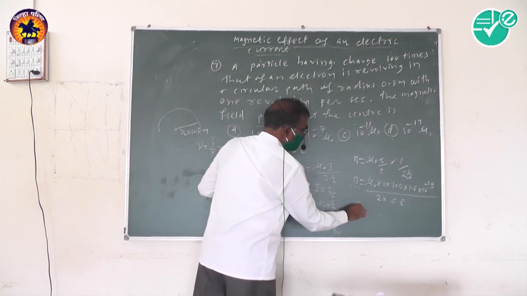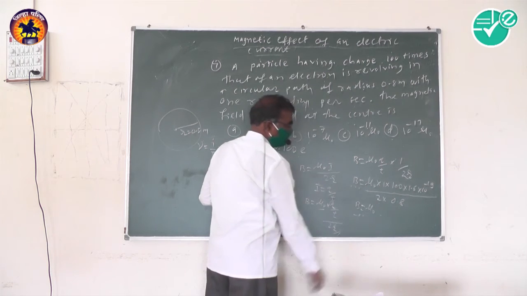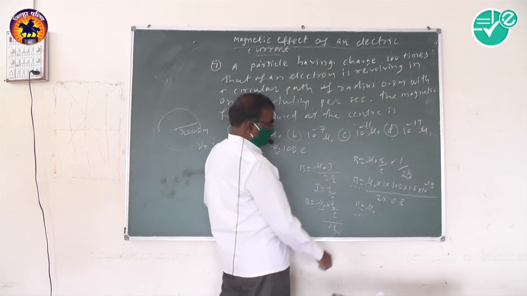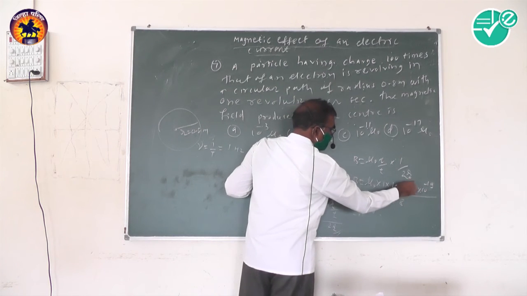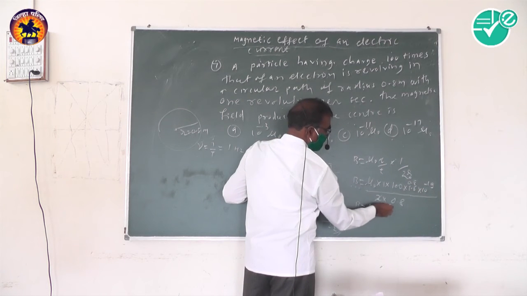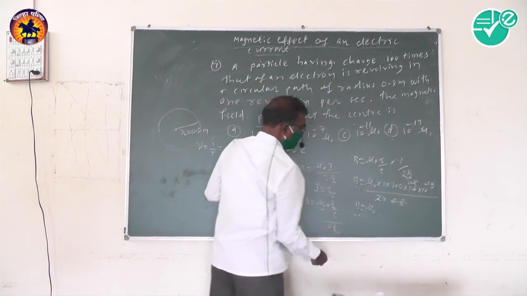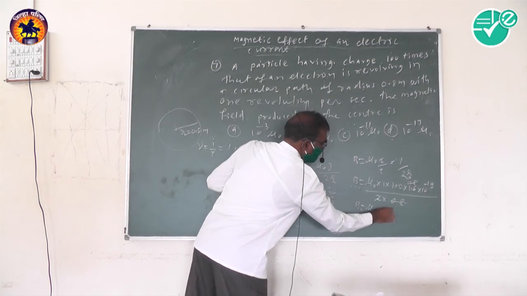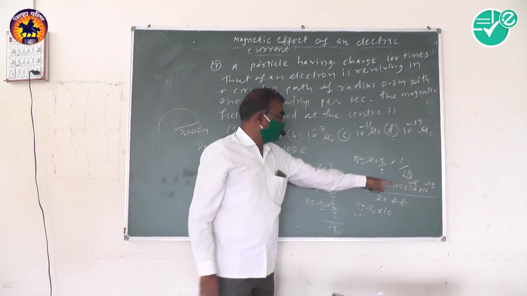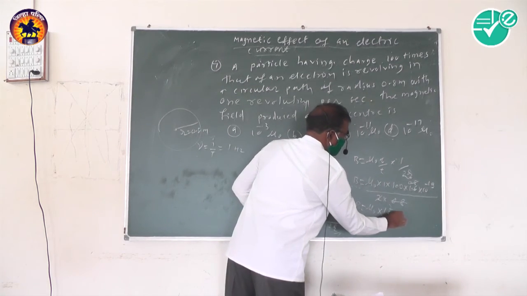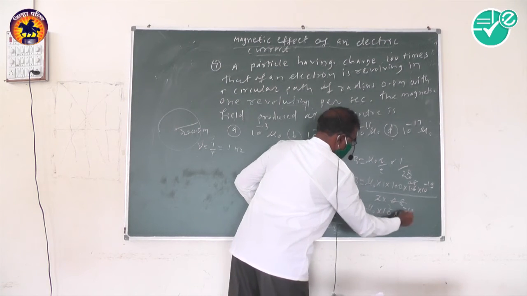Here B equal to mu 0 times, and 0.8 gets cancelled. Therefore, we write 100 as 10 raised to 2, into 10 raised to minus 19.